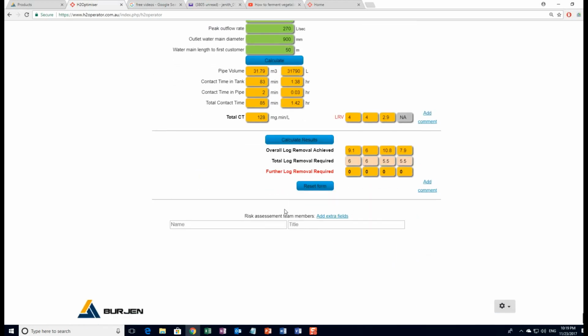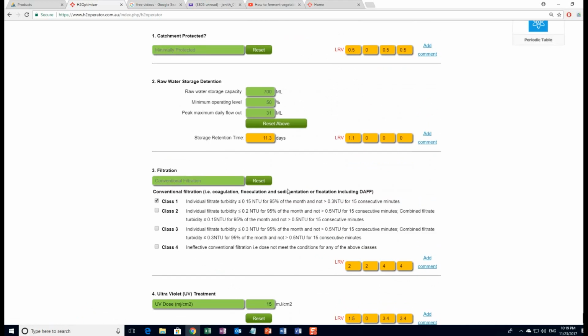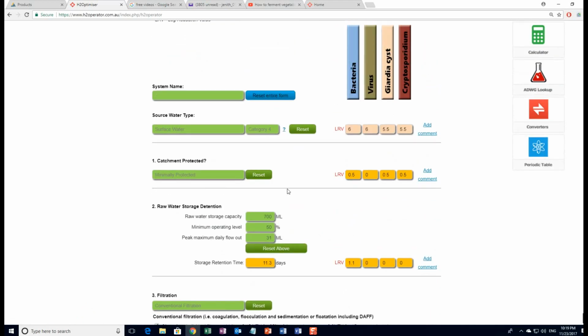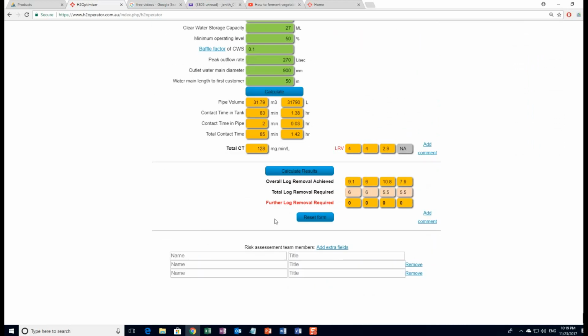Okay, so lastly, if you are doing this as a team, which we recommend that you do, add extra fields. So add as many people as you want. I think you can add up to 8 people. So names of those people who are doing this assessment, and then also the titles. And then you can always screenshot it, print it, document it, so that you know that you've gone through the assessment and these are the outcomes.